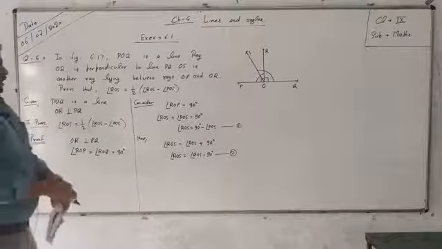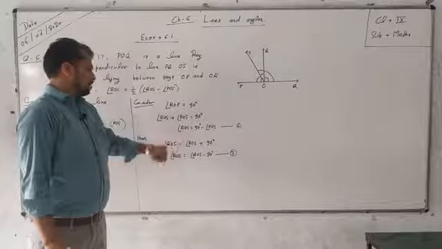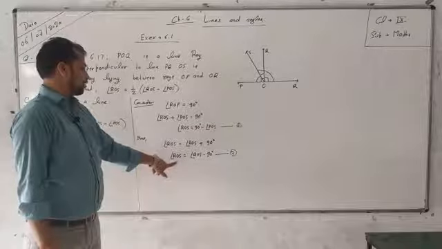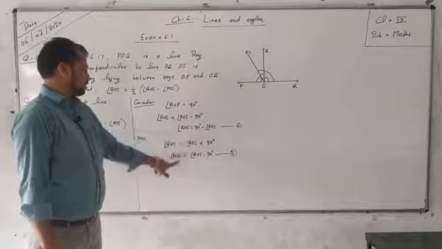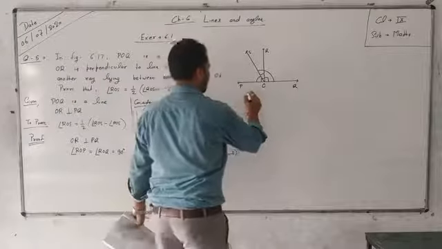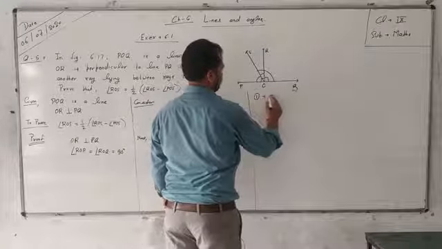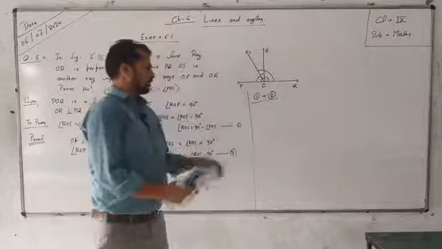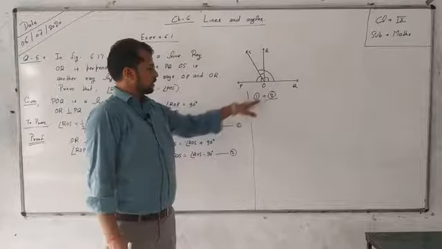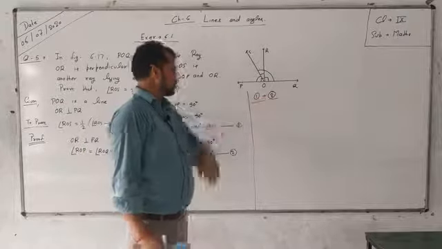Now in equation number 1 you get angle ROS on LHS. In equation number 2 again you get angle ROS in LHS. Now add equation 1 and 2. You can write the statement also, add equation 1 and 2, and you can write it as equation 1 plus equation 2.